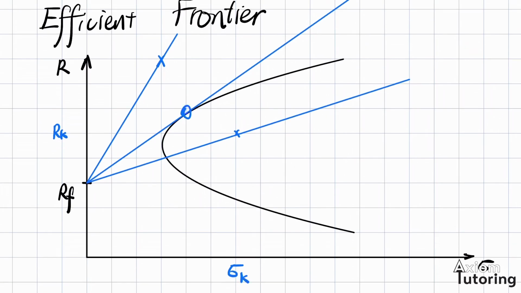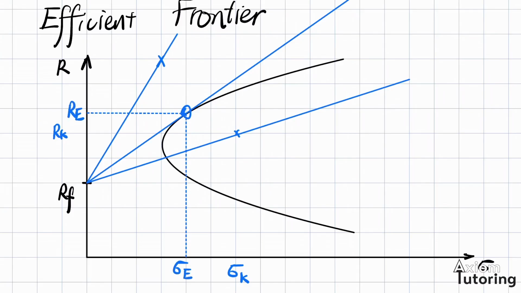Let's call it sigma E, for being efficient here. Every single investor should invest in this portfolio for the risky assets as their efficient outcome. Let's call it sigma E here and R E here.